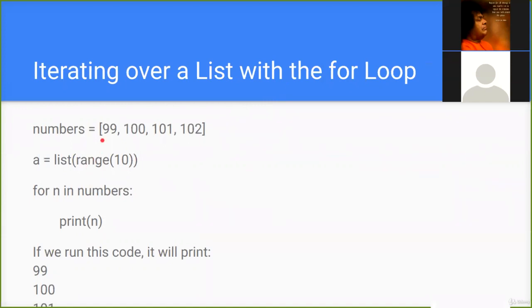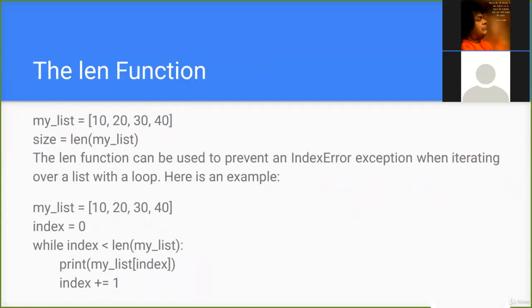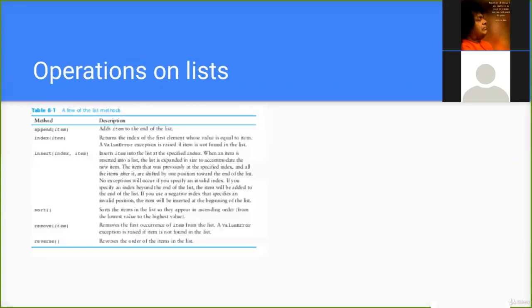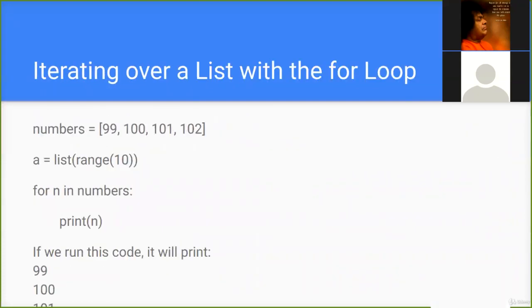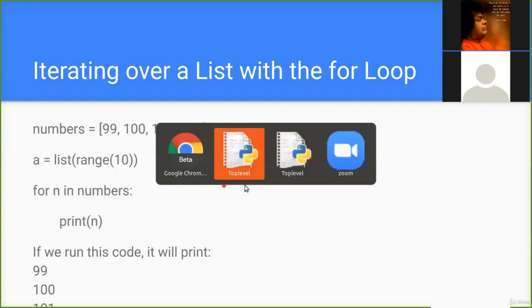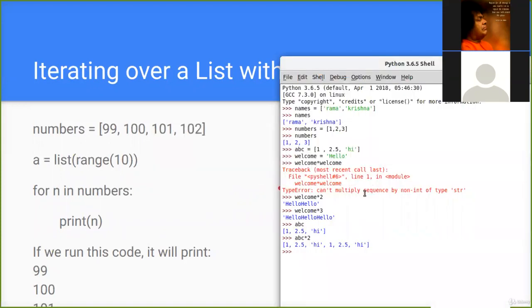Now we have an important operator over here called in. Suppose I have numbers equal to 99, 100, 101, and then 102, a list of numbers.